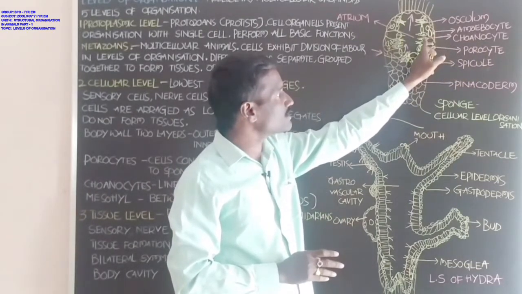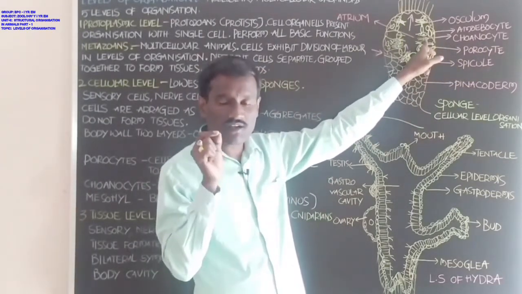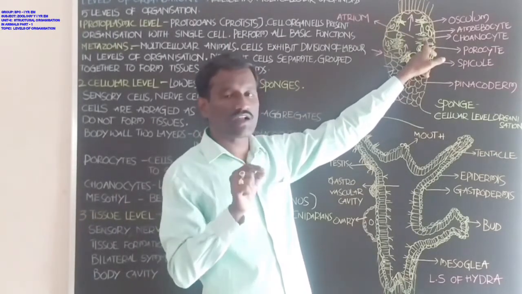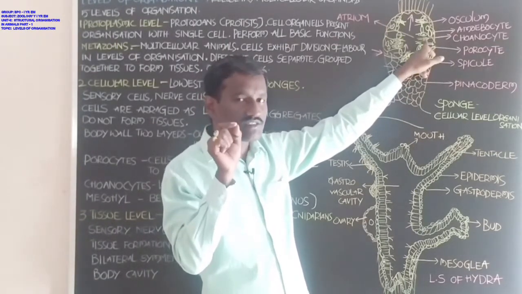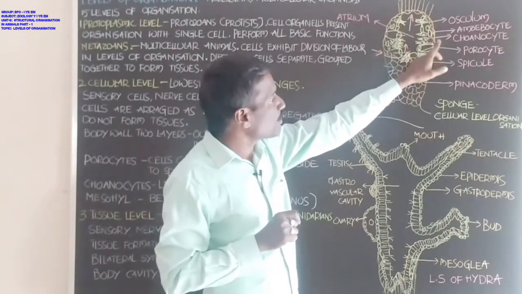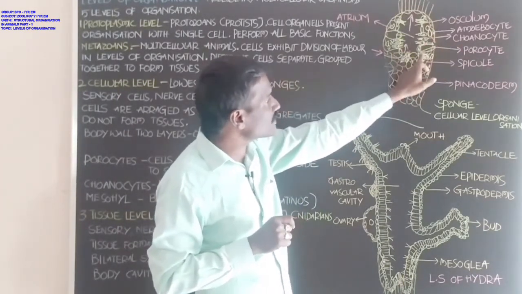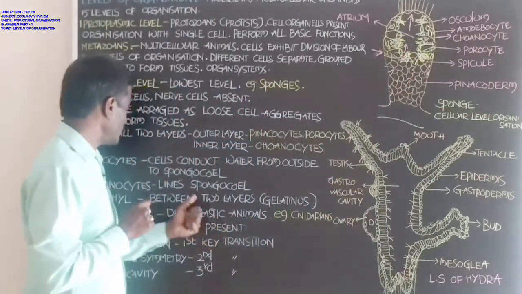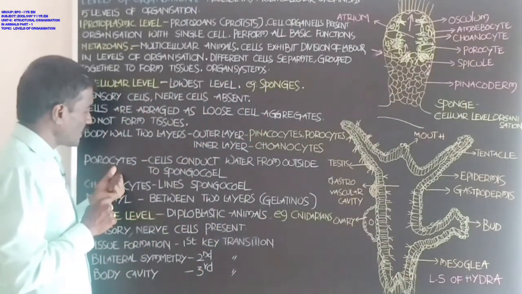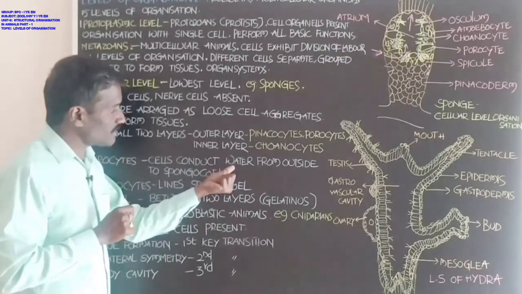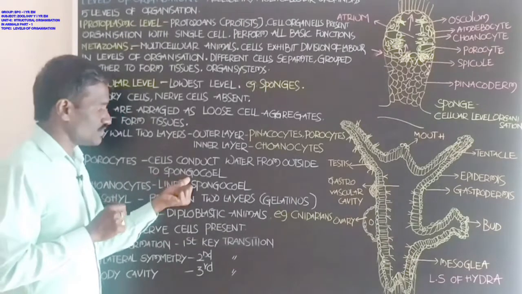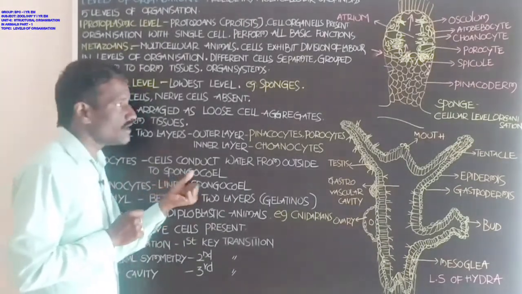Next, students, coenocytes. Coenocytes are flagellated cells. Coenocytes have a collar-like arrangement, hence these are called collar cells. Coenocytes line the spongocoel. Students, porocyte cells conduct water from outside to the spongocoel.